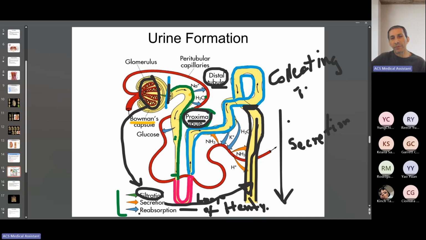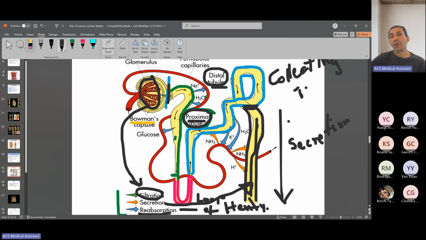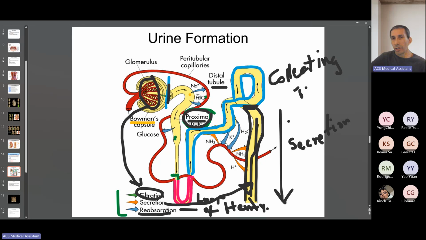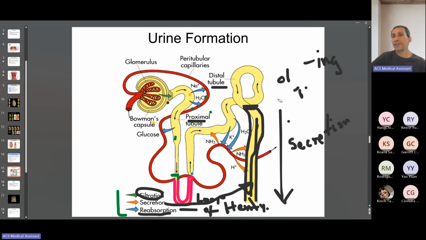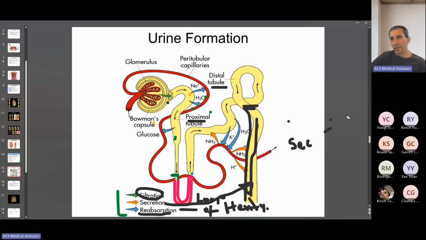Now let's talk about reabsorption, because reabsorption is a little more complicated. What's going on right there? So let's start again. We already talked about all these names of these structures. I believe there is another image that has the names of the collecting tubules and the loop of Henle, I guess.